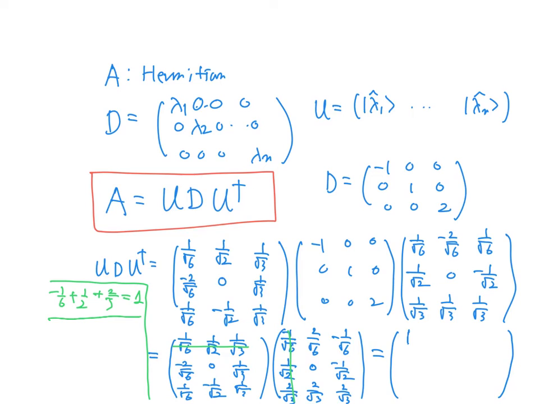Okay, let's do this. 2 over 6 plus 2 over 3, 1. 1.